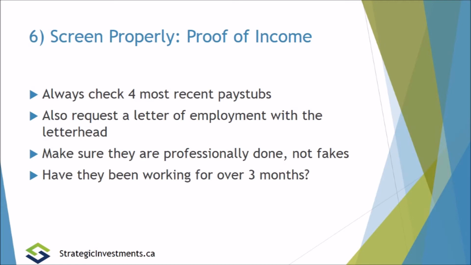Additionally, have they been working 3 months or less at their current job? Remember that in Ontario, the first 3 months are the probation period for most companies. What does that mean? That means that in those 3 months, if the employee isn't performing adequately, then the employer has the right to let them go, which means now you're stuck with a tenant who can't pay his rent.